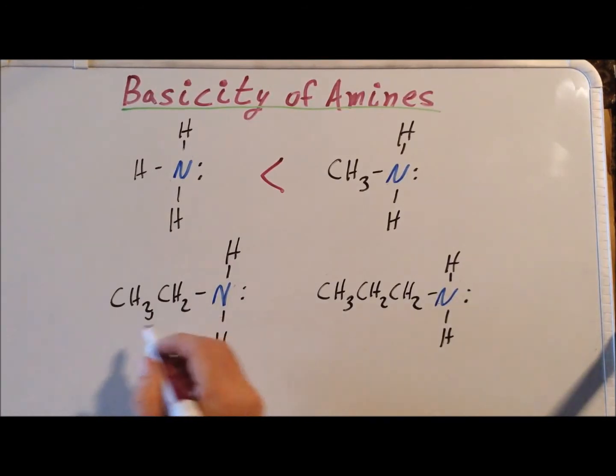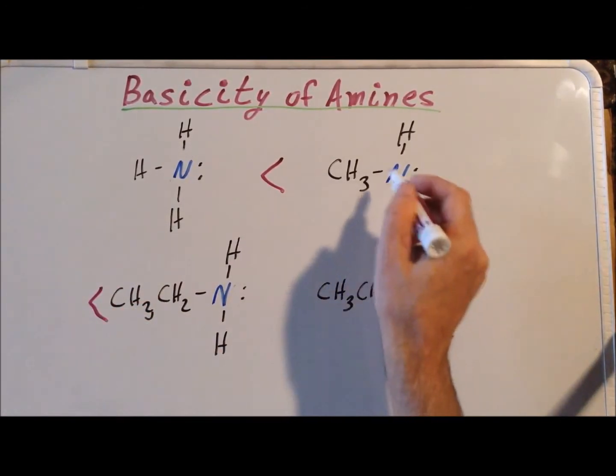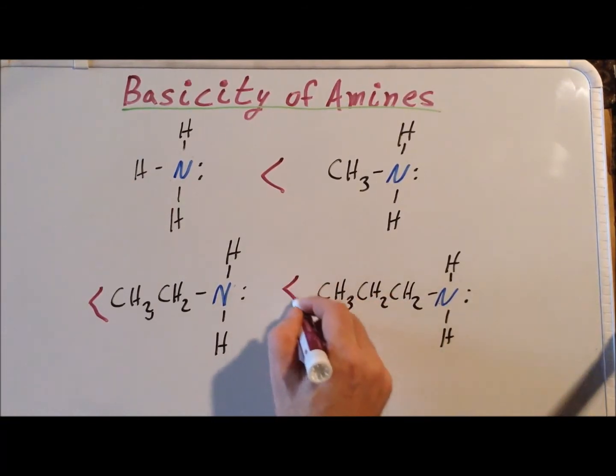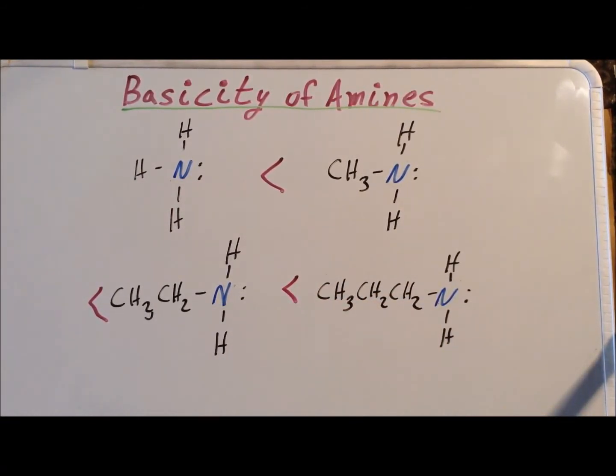We would predict that ethylamine would be an even stronger base than methylamine, that propylamine will be a stronger base than ethylamine, and then even though it's not shown on the board here for the sake of clarity, we've computed 1-butylamine, and since a butyl group is even longer and has more electrons than a propyl group, N-butylamine would be an even stronger base than propylamine.